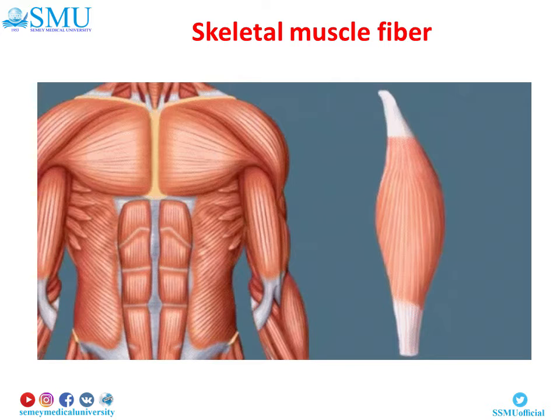Within myofibrils are smaller structures called filaments. Thin filaments are 8 nanometers in diameter and 1 to 2 micrometers long, while thick filaments are 16 nanometers in diameter and 1 to 2 micrometers long. Both thin and thick filaments are directly involved in the contractile process.